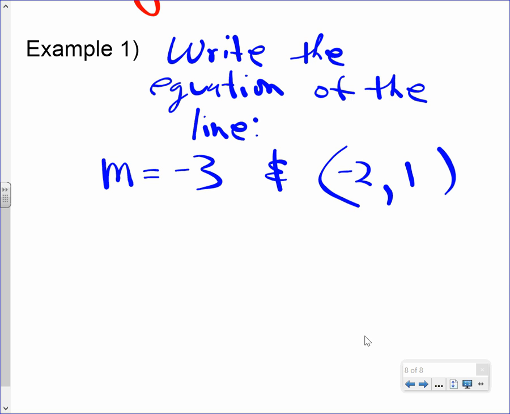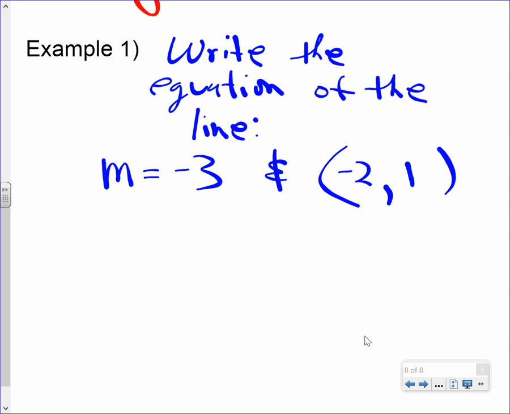So whatever this line looks like, it has this slope. That's what I'm giving you. I'm dealing you some cards. I'm saying, look, the line that we're thinking of actually passes through that point, negative 2, 1, on the graph. Yeah, right, M is slope.